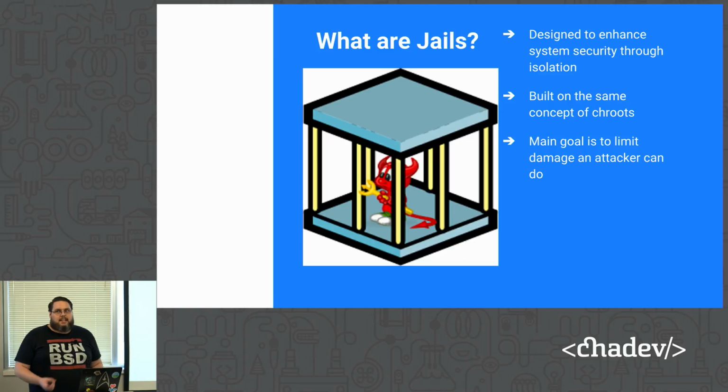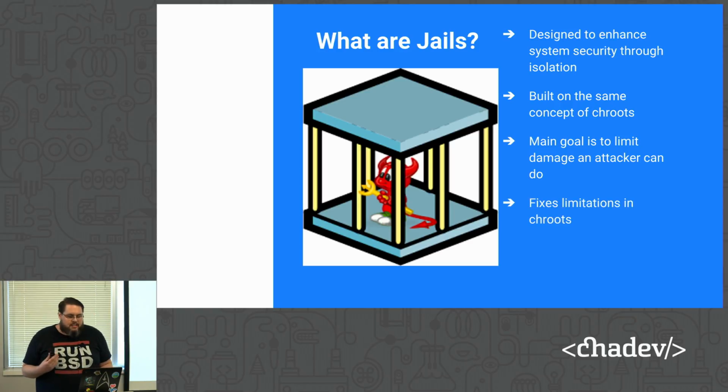Their main goal at that time was to limit the amount of damage an attacker could do if they were to attack one of the jails. And it fixes limitations in chroots through not only the process isolation and the root changes, but it also virtualizes users, file system access, and even the entire network stack.